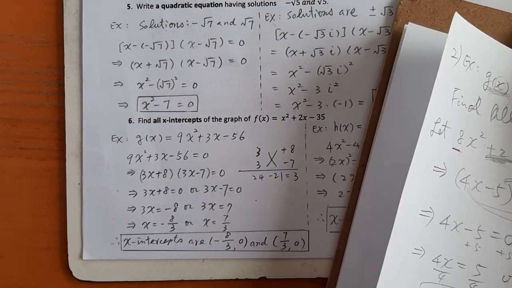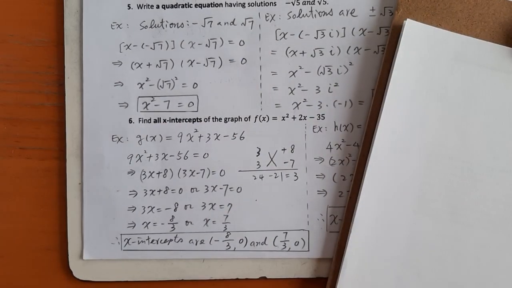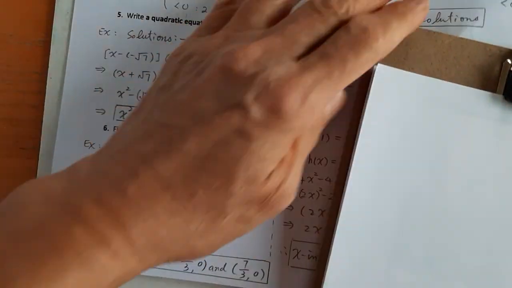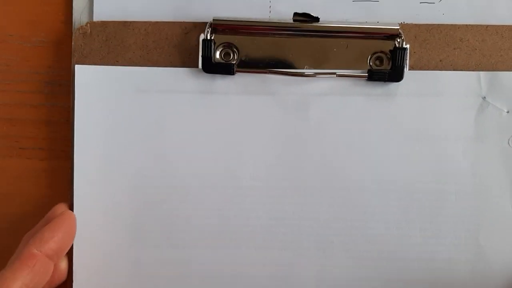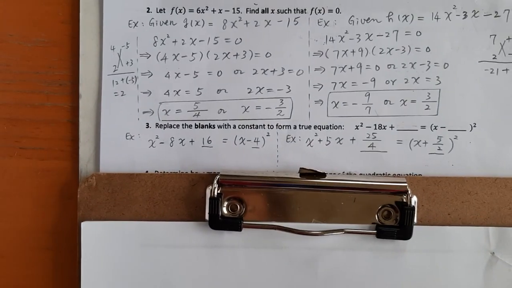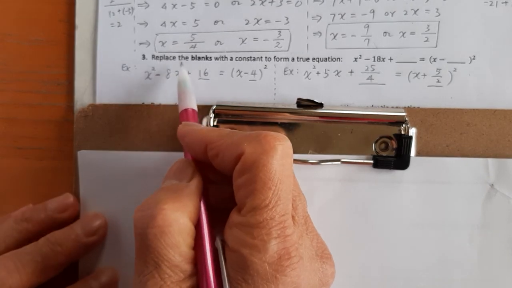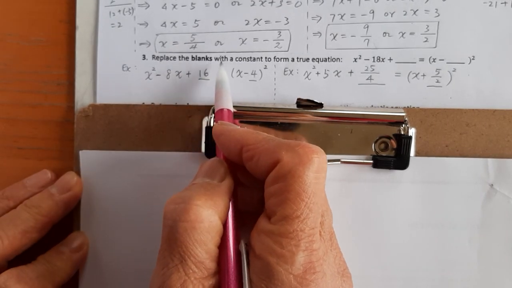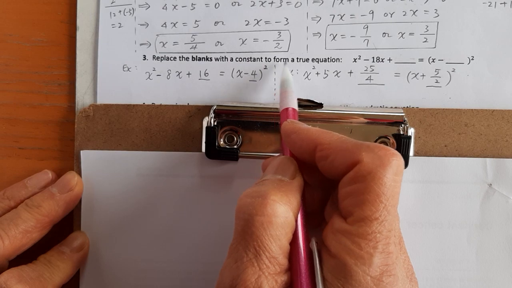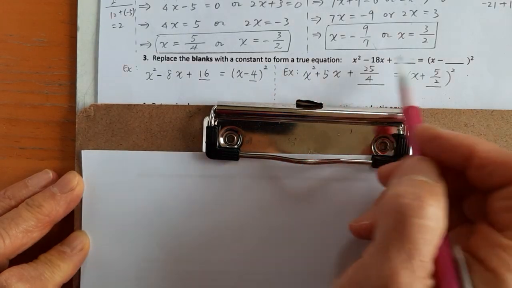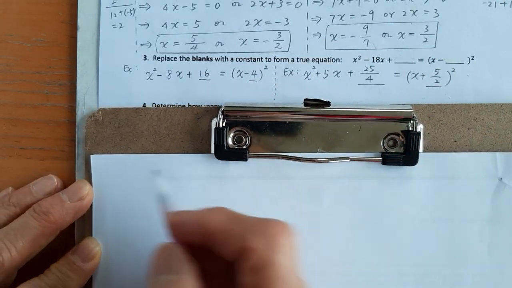Then the next one is fill in the blank. This is question 3. Replace the blanks with a constant to form a true equation. This is your homework question.